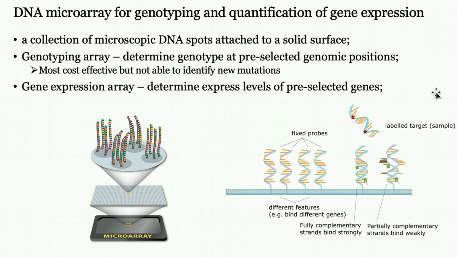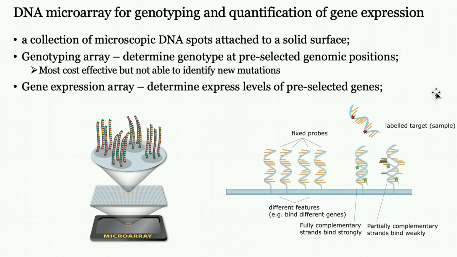Similarly, we can design oligonucleotides that base pair with a specific gene, and then we can apply mRNA samples to a microarray. If a gene is highly expressed, a lot of these probes will be bound to the target mRNA.